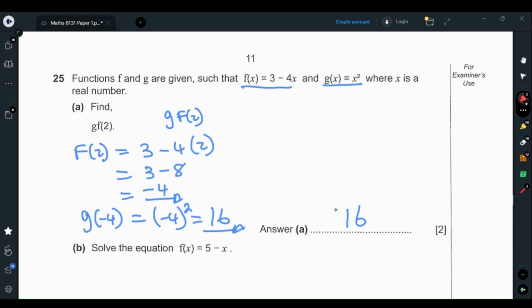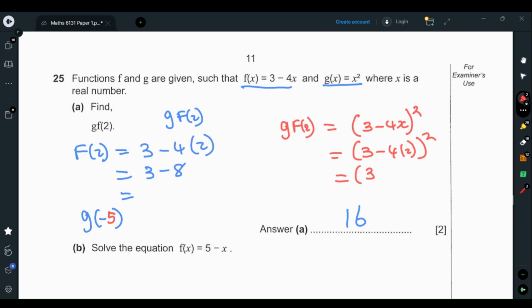Let's look at another way to do it. Another way to do it will be g f of 2. We can write this as 3 minus 4x, everything squared. This becomes 3 minus 4 times 2, everything squared.